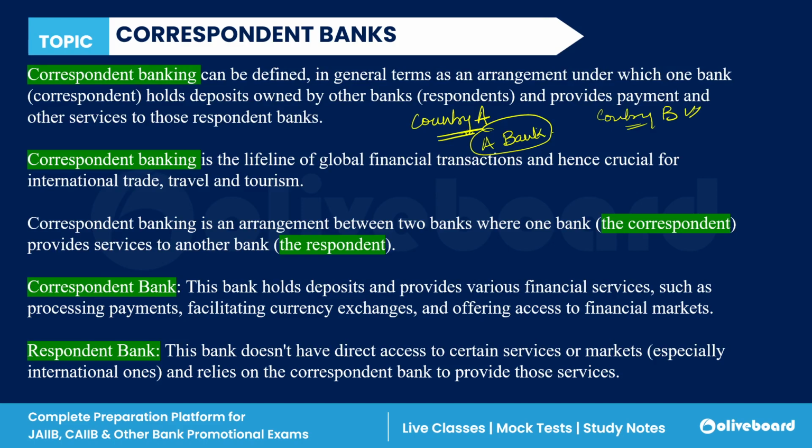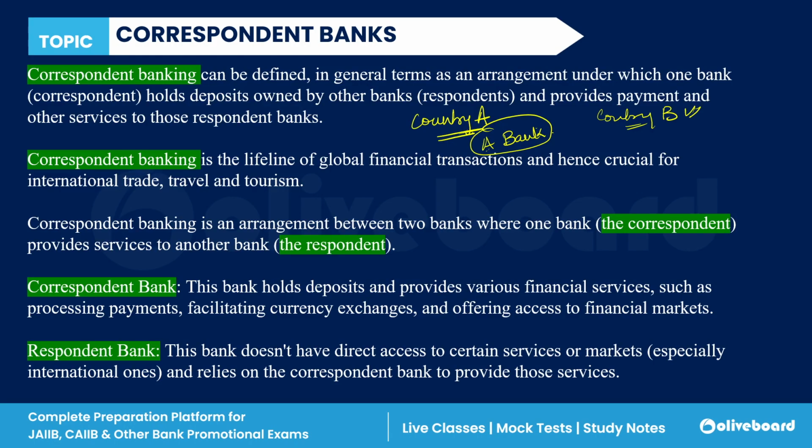Here I just want to have an arrangement. I give money to my bank, then my bank forwards this money to a particular bank which is called the correspondent bank, which is, you can say, a partner bank.